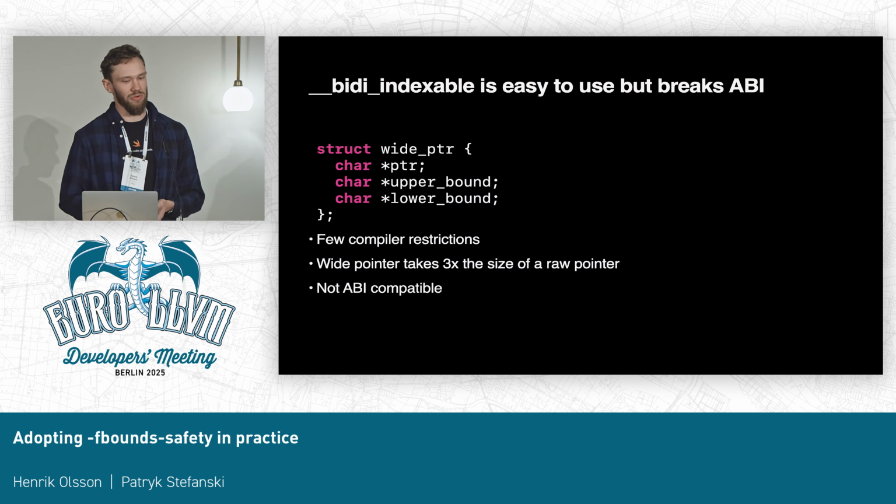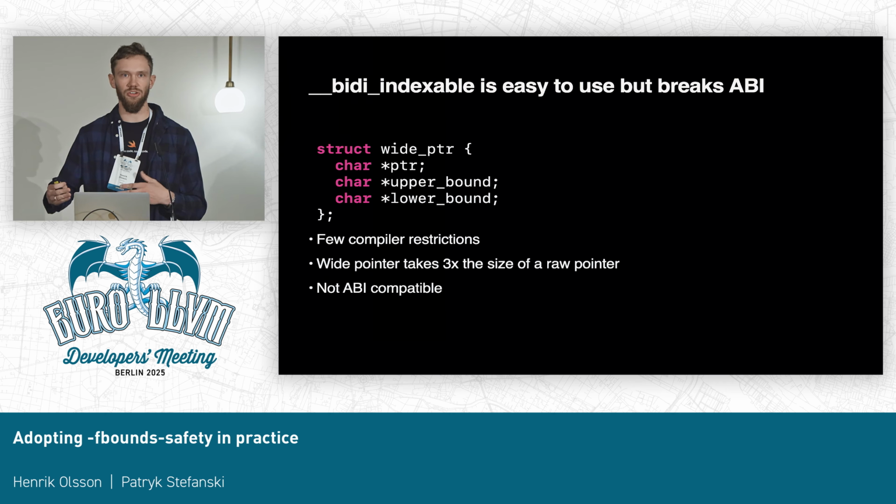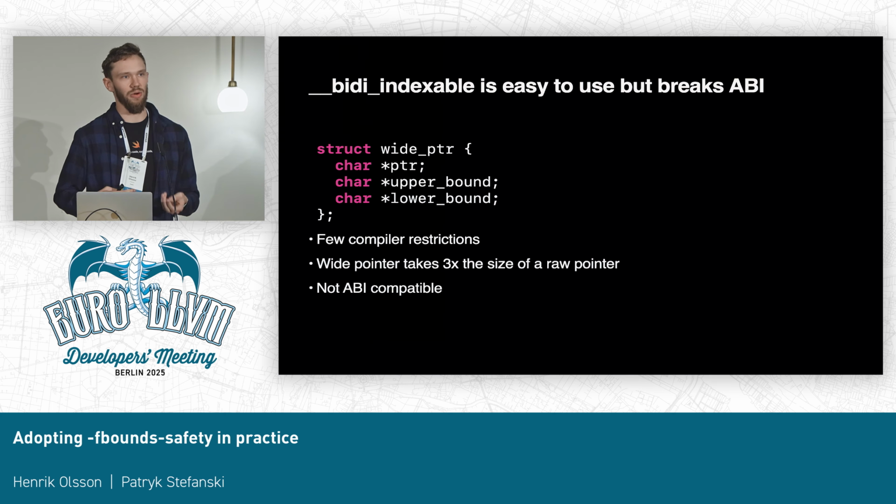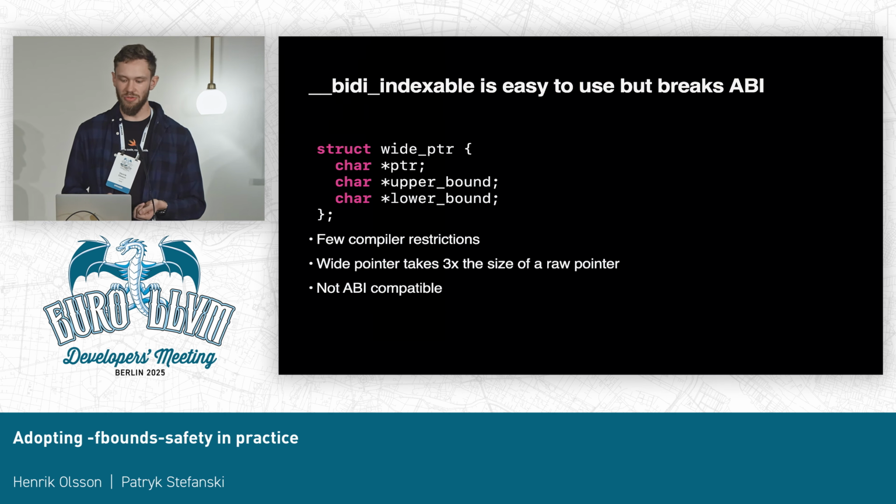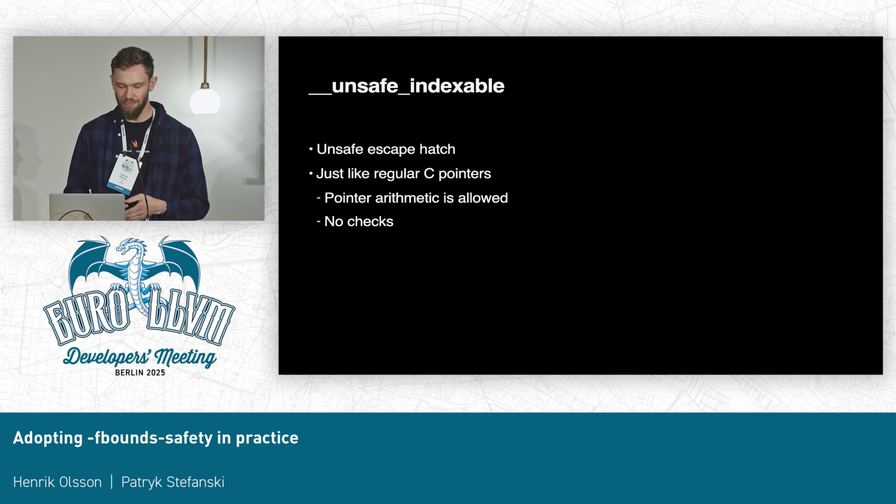This is a problem for backwards compatibility and incremental adoption, because even if the caller and the callee share the same definition in the same header, if the caller is in a translation unit compiled without -fbounds-safety enabled, it won't even know what bidi_indexable is, leading to an ABI mismatch. So this is a bit of an issue for using bidi_indexable in structs and functions, at least in public headers. But the flexibility makes bidi_indexable great for local variables where ABI isn't really a factor.